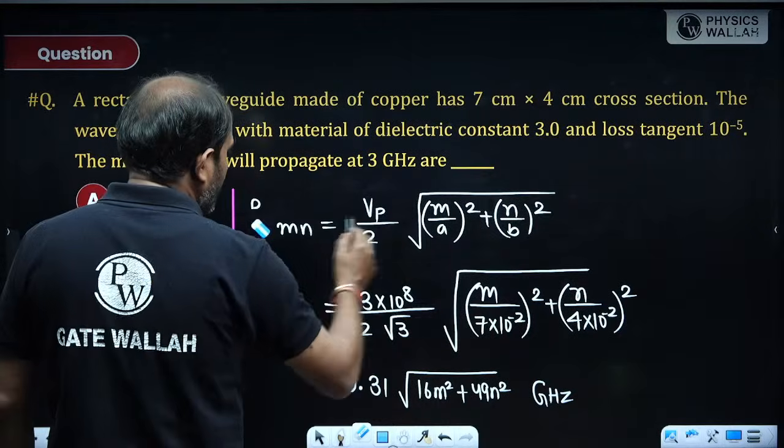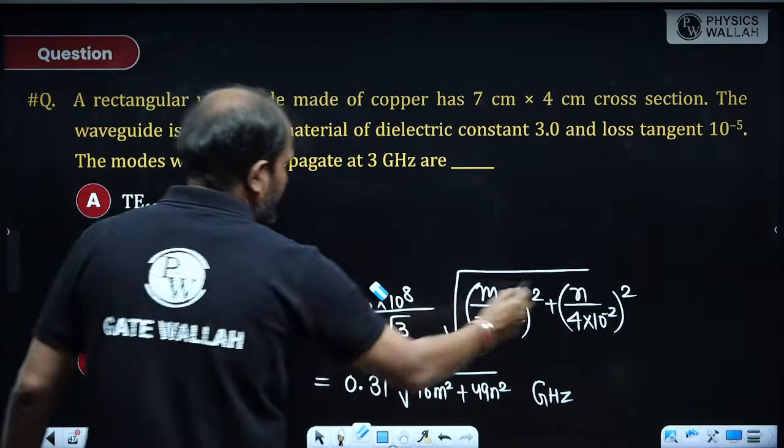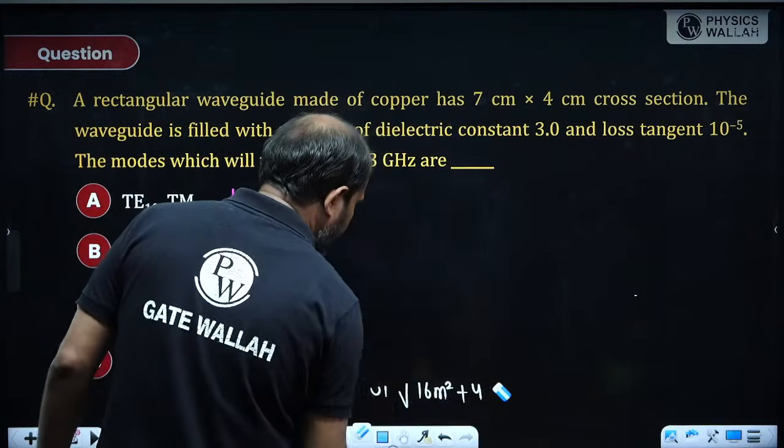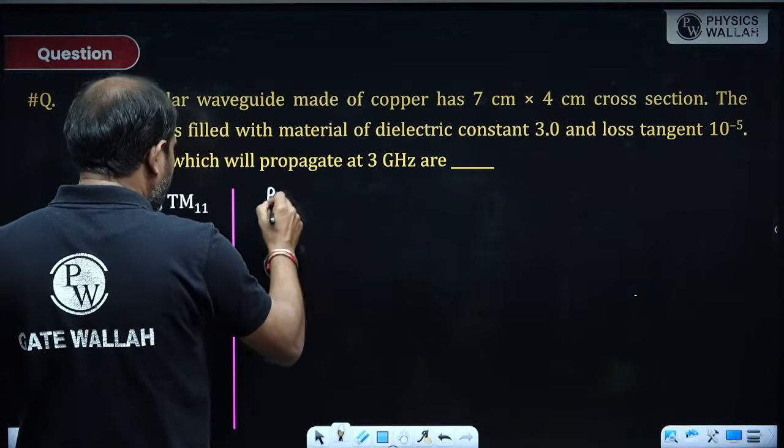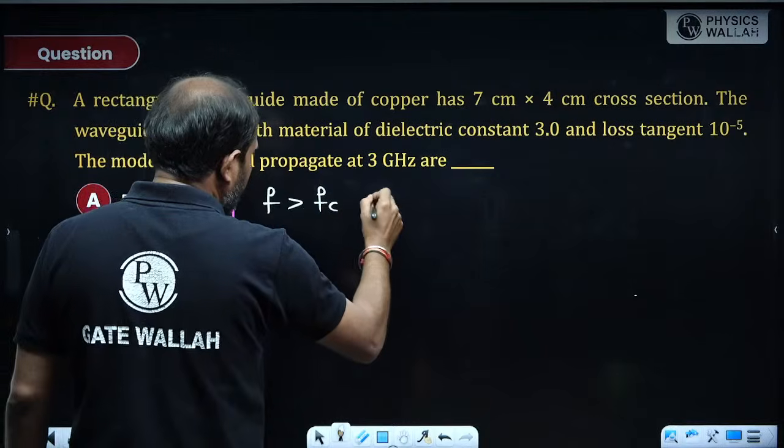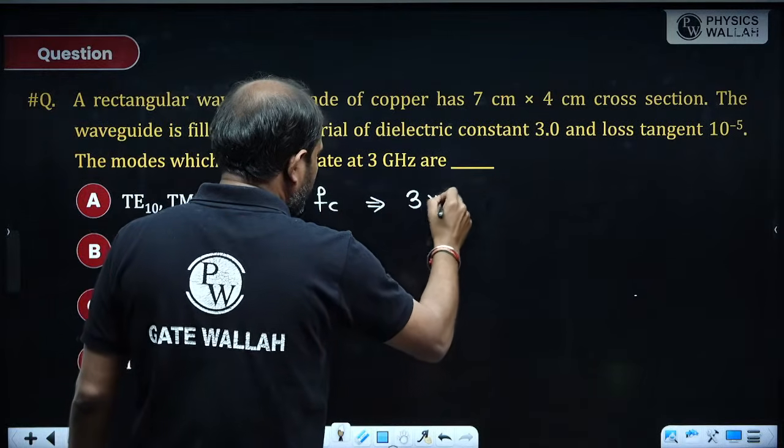So F should be greater than Fc. F is 3 gigahertz.